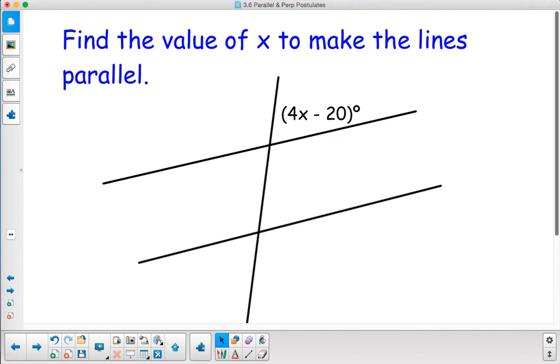Another type of problem is to tell what value makes the lines parallel. So again, you'll have to look at, let's say this is 80 degrees.